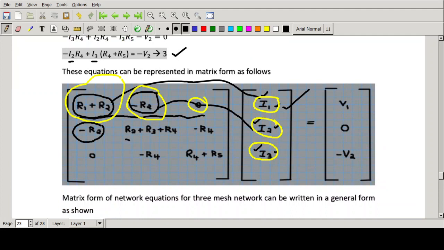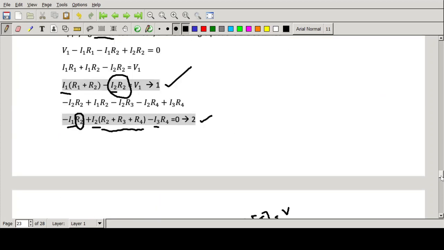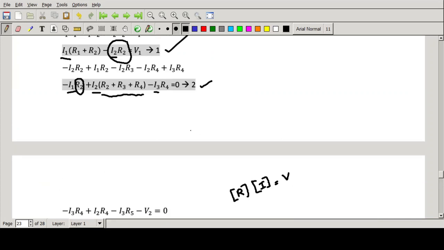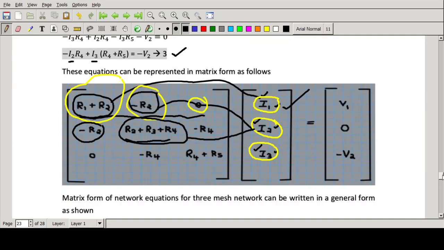R2 plus R3 plus R4. So this is the resistance term in the second equation corresponding to current I2. Now what about the resistance term corresponding to current I3? It is minus R3. Sorry, here it is minus R4. See here, minus R4. So that is written here, minus R4.